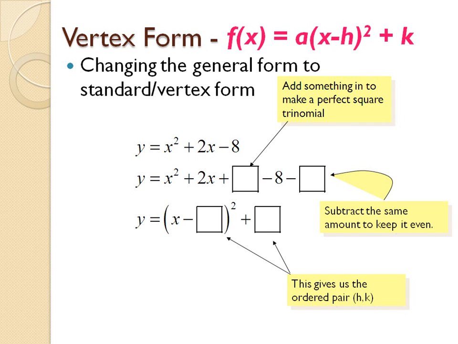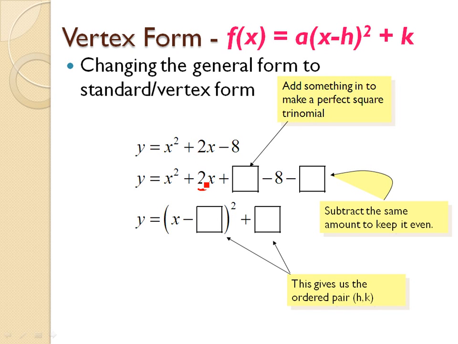Now let's try to change the general form of the equation that's given to us into standard vertex form. So we have y equals x squared plus 2x minus 8. What we need to do is create a perfect square trinomial, and we do this by taking the middle number 2 and first dividing it by 2.